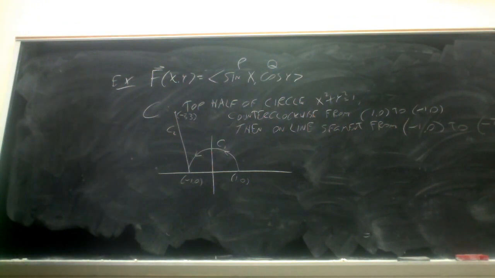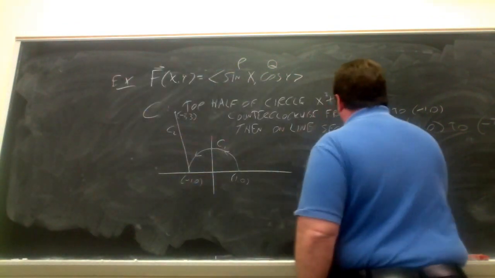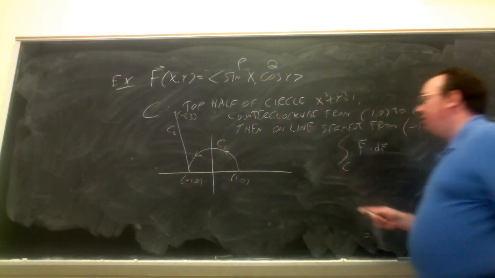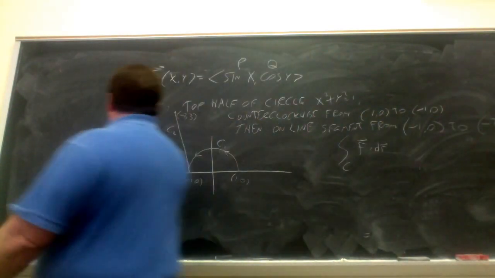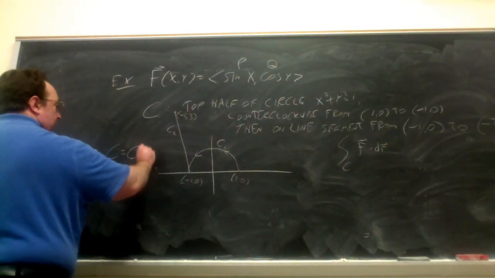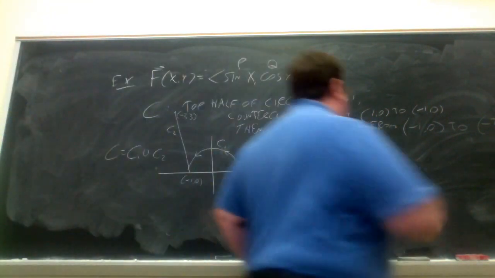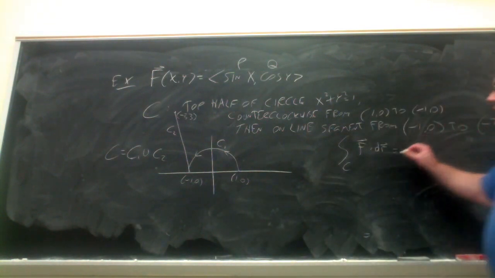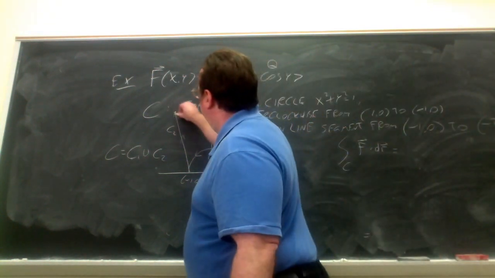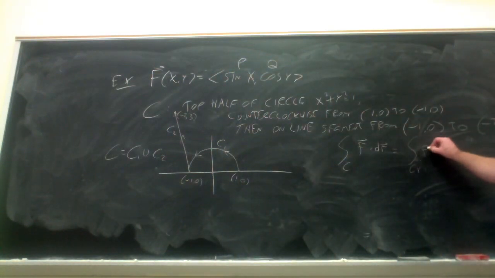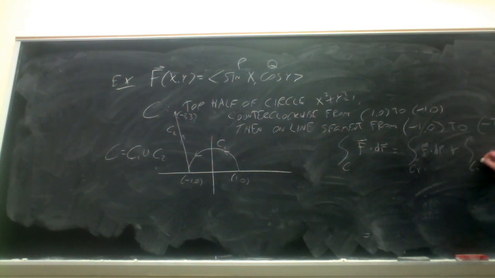Okay. So what we can say is the line integral of this vector field over the entire curve C, where C is equal to C1, the circular part, union C2, the line segment, going in this direction, is the integral over C1 plus the integral over C2.